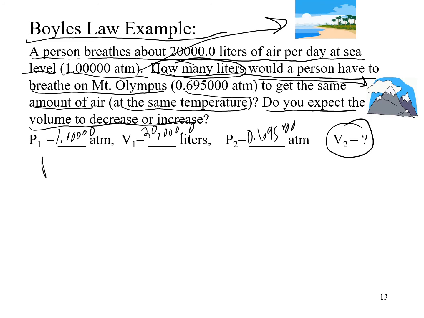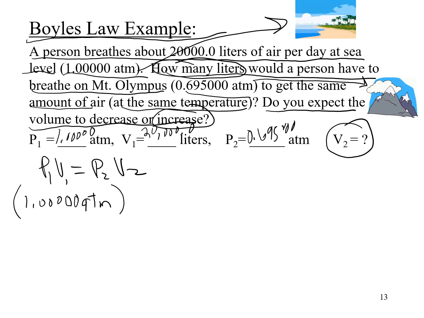We write our formula, P1V1 is equal to P2V2. And then we plug in the values given. So P1 is 1.000 atmospheres. V1 is 20,000 liters.